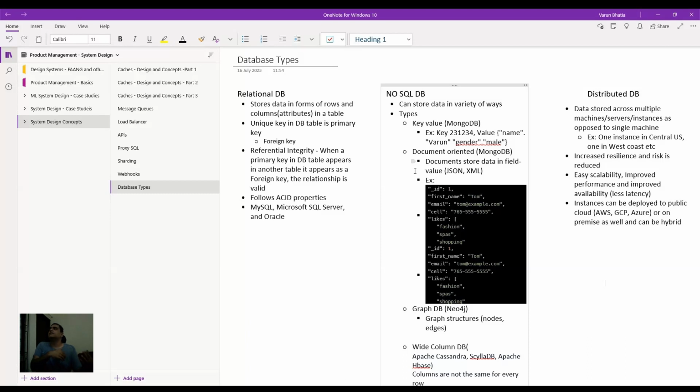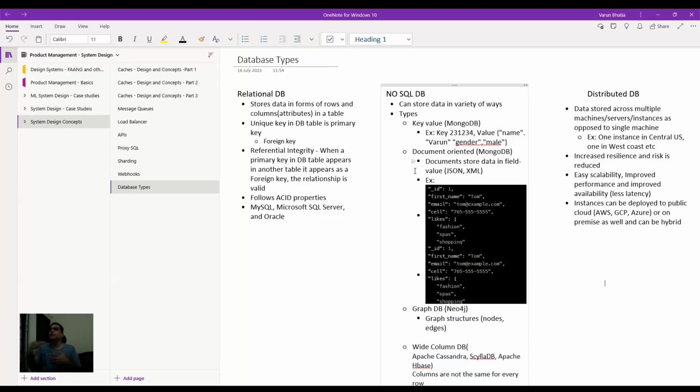Relational databases are, I would say, to some extent difficult to scale beyond a point, which is why you would find that there are other kinds of databases that are more suited if you are looking at a massive, humongous amount of data, right?